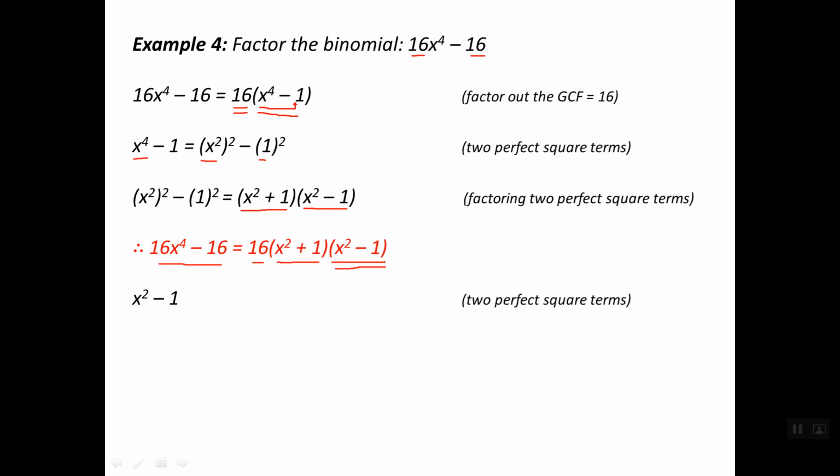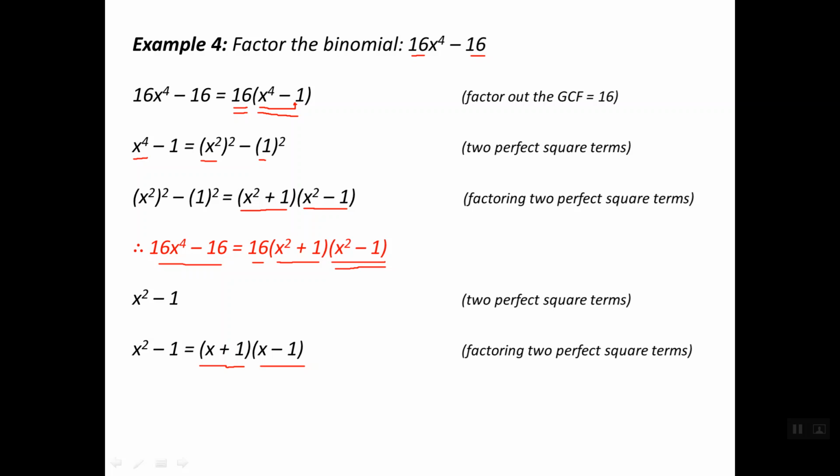So x squared minus 1, we have here two perfect square terms. The first term is x and the second is 1. So we can factorize the x squared minus 1. So it will be x plus 1 multiplied by x minus 1.